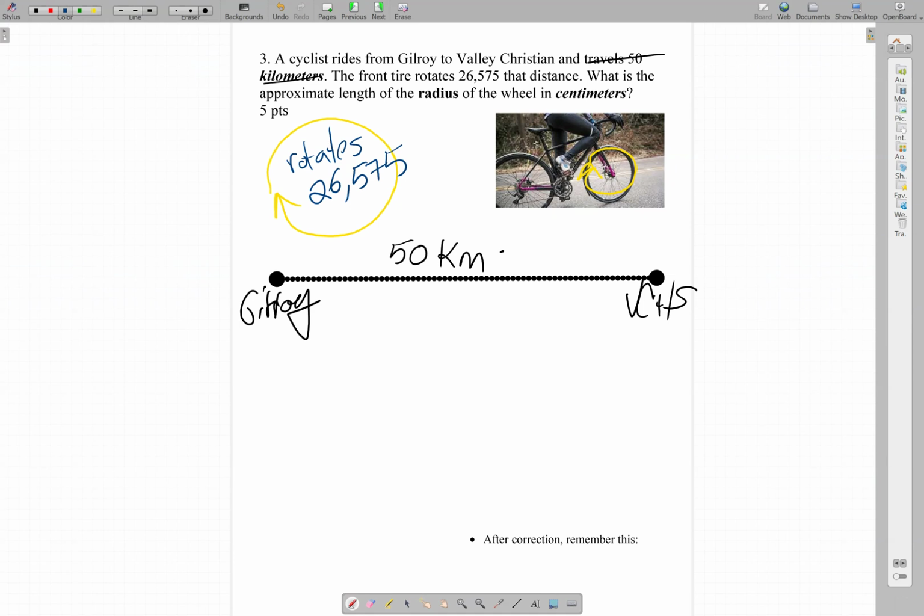So that's how many times the tire rotates to get from one to the other. I'm asking ultimately, what is the radius of that tire?